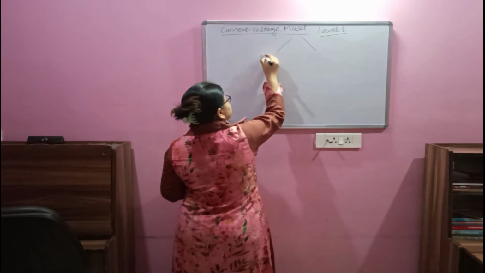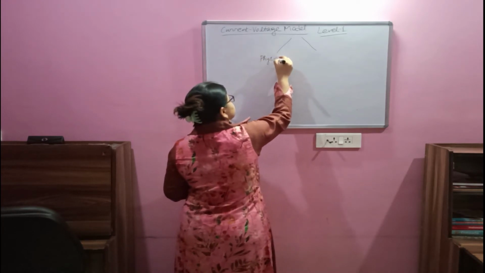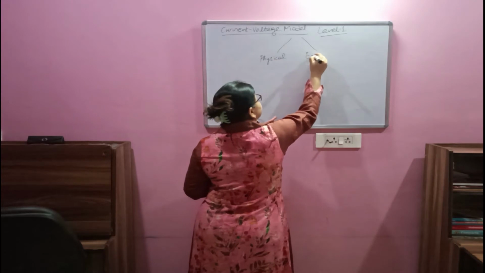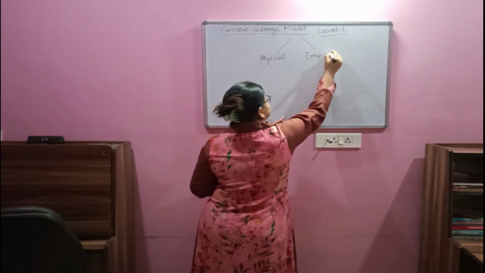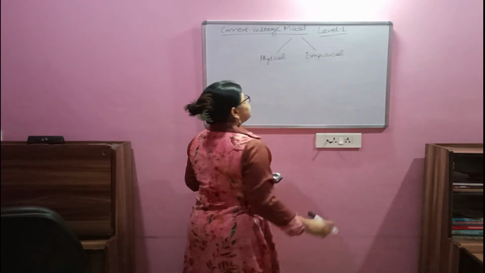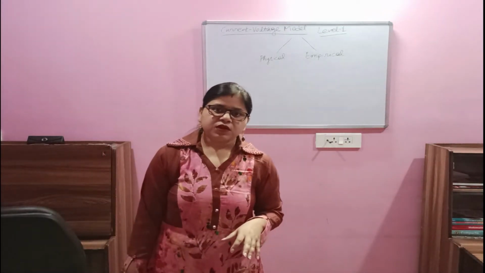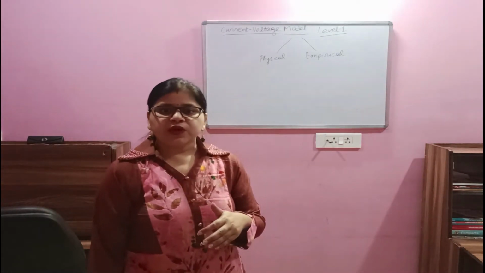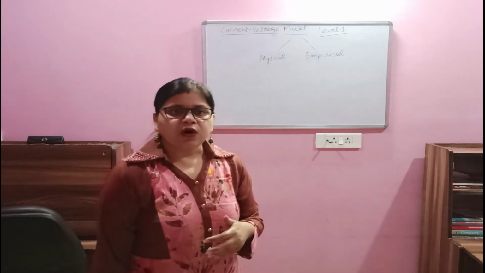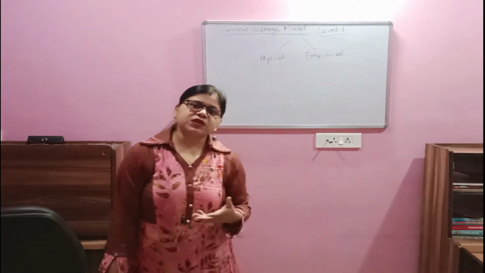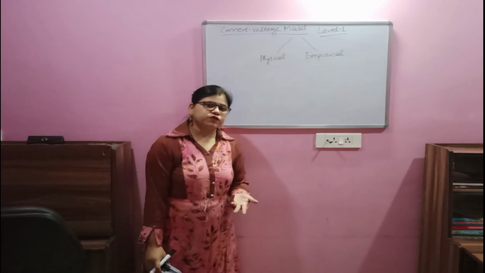One are the physical parameters and the other are the empirical parameters. Physical parameters are those parameters which you can actually extract or derive, or which have a physical significance in the operation of the device.